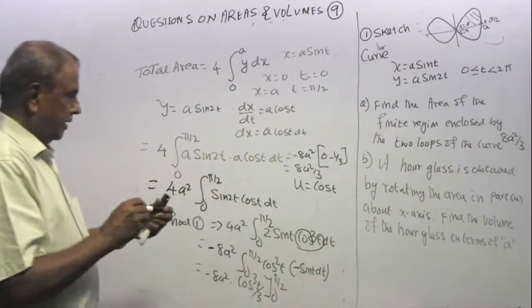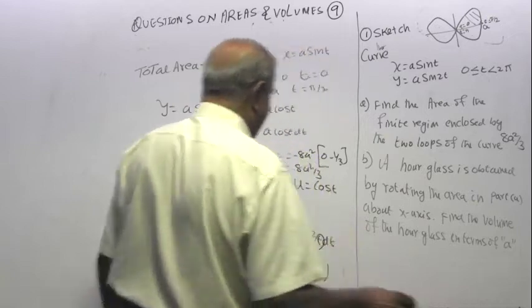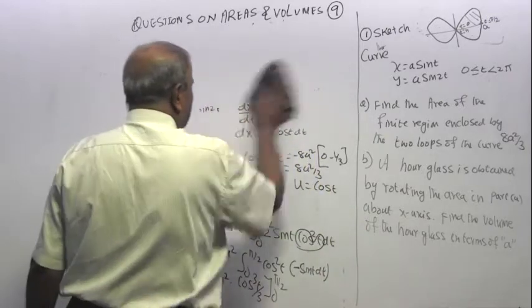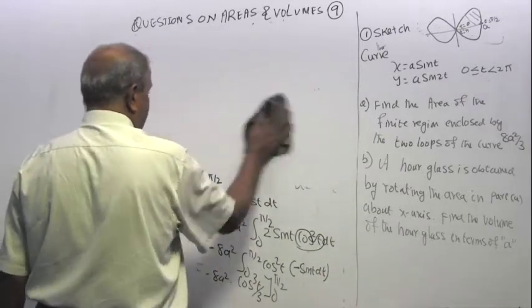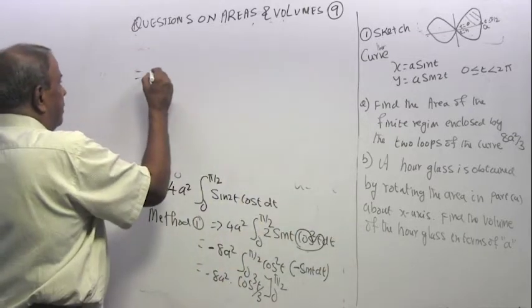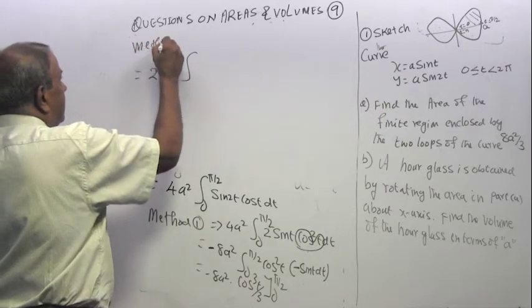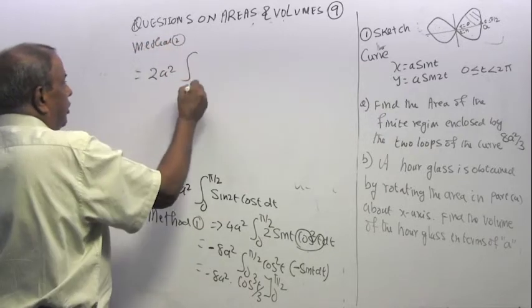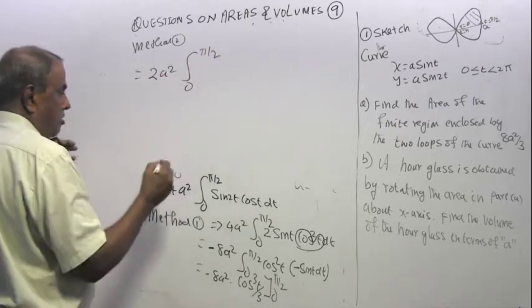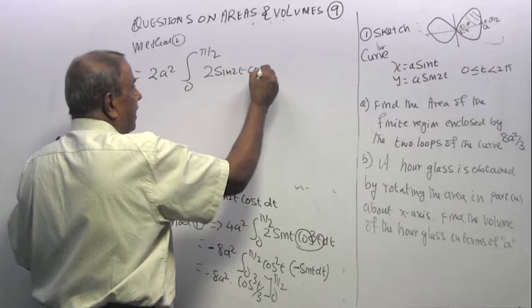I want to show you method 2. Just showing off. Trigonometry, that's the beauty. You can do it in so many ways. Instead, can I write this as 2a squared integral 0 to pi over 2 of 2 sine 2t cos t dt.